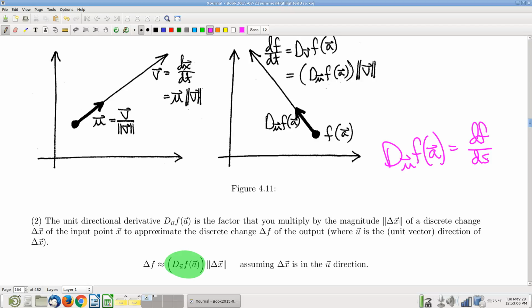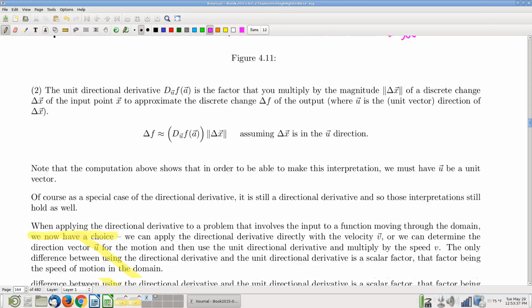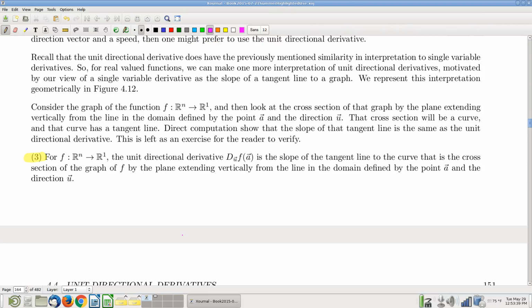And then Bob will take that information and say, I'm going 60 miles an hour, so that's how fast I'm experiencing it. Someone else will say, I'm driving 42 miles an hour. They can similarly multiply by their speed and compute their experience. But the thing that's intrinsic to the situation is the rate of change with respect to distance. So unit directional derivatives give you that: change per unit distance. Okay, so that's nice. Here's a related point.